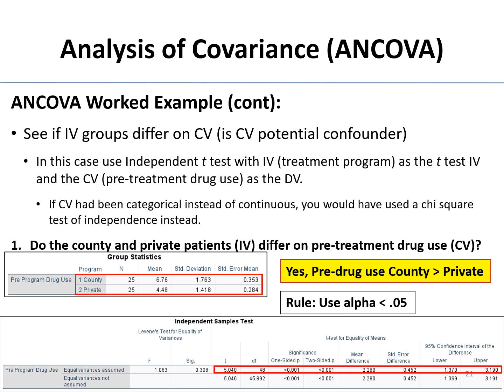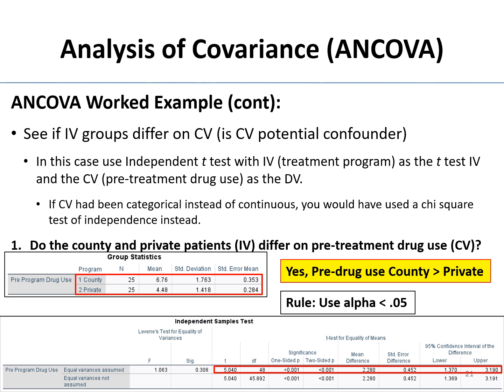So those who went to county tended to be more hardcore users from the get-go. And so indeed, baseline drug use is related to the type of program you go to, which means it is related to our independent variable. That's one of the two things that has to be true for something to be a confounder.